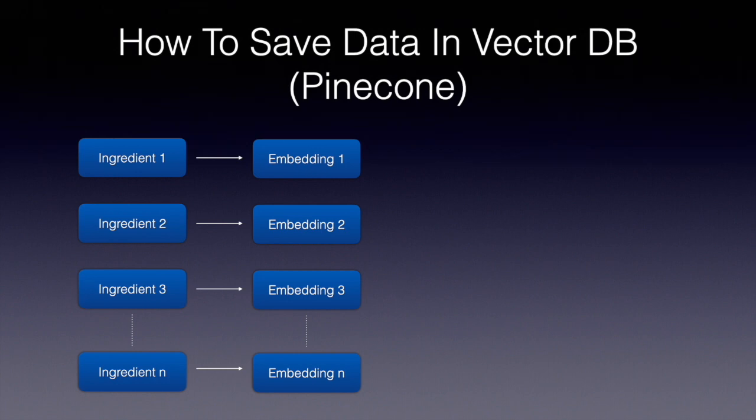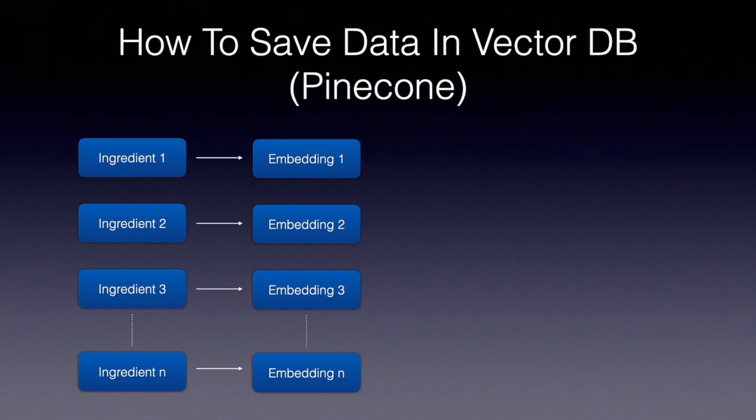Once we send a text to the OpenAI text embedding model, it will return an embedding. Again, it's a list of floating point numbers, and the dimension of that embedding is 1536 dimensions.